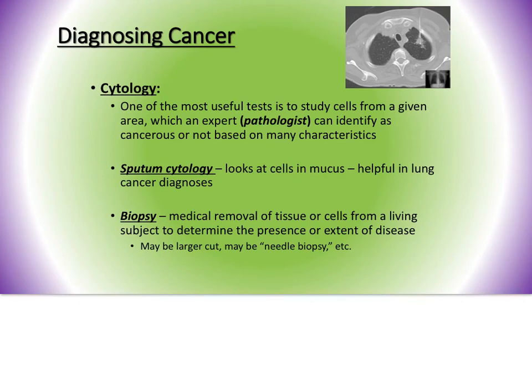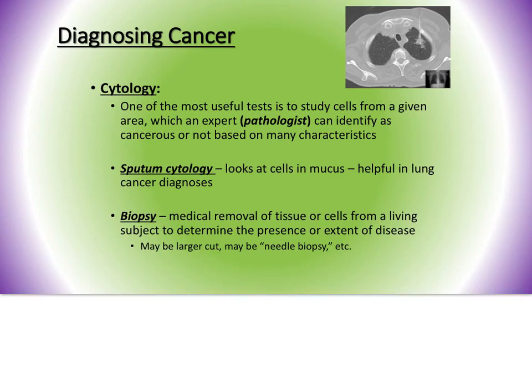So this could be a larger cut of cells from somebody. Anyone in here who maybe has had a run-in with a skin cancer issue, a mole issue with a dermatologist, they often do a little slice where they take a really thin slice of your skin and they do a biopsy that way. It's usually called a shave biopsy.